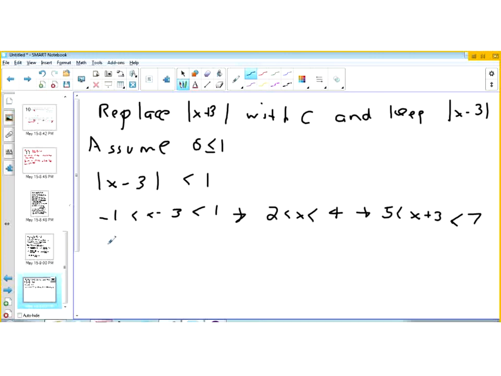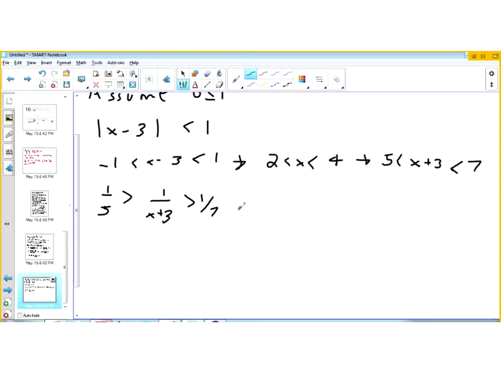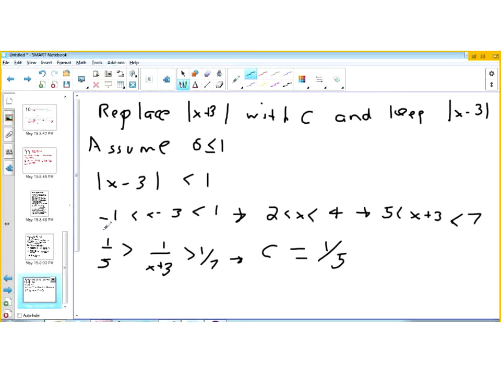If I take the reciprocals of everybody, I'll have 1/5 less than 1 over x plus 3, which is greater than 1/7. What does that mean? That means 1/5 is our choice for C.